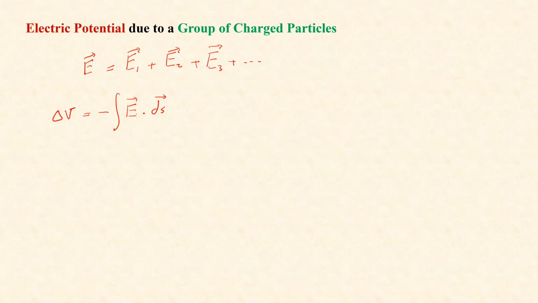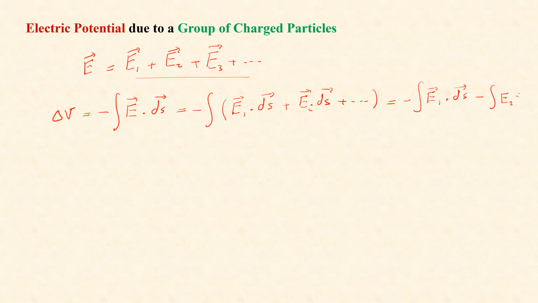And then if E is a sum of these, you know the dot product is distributive. So we can write negative integral of E1 dot ds plus E2 dot ds and so forth, right? And the integral is linear, so you can just do negative integral of E1 dot ds minus integral of E2 dot ds and so forth.